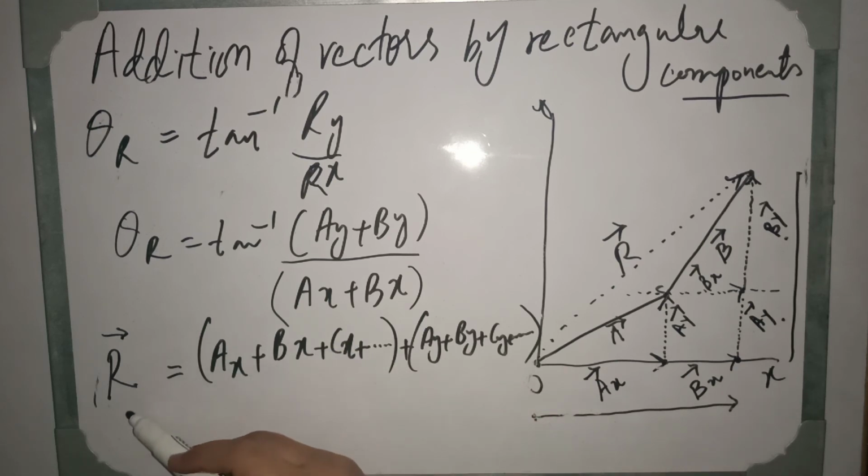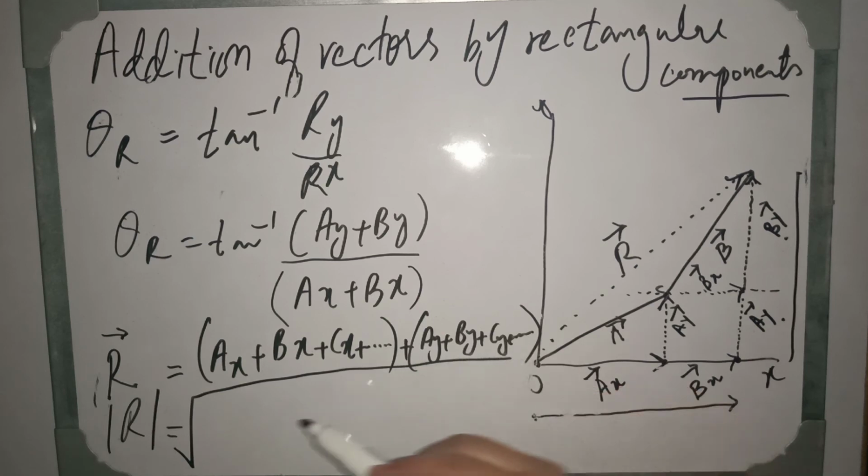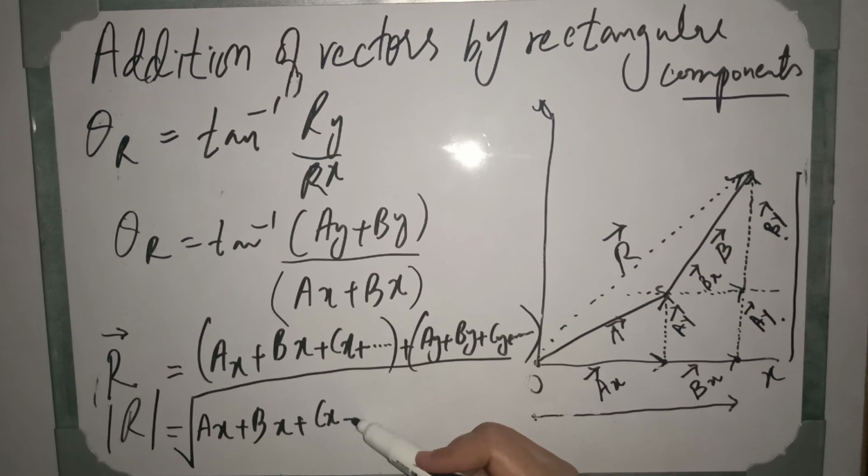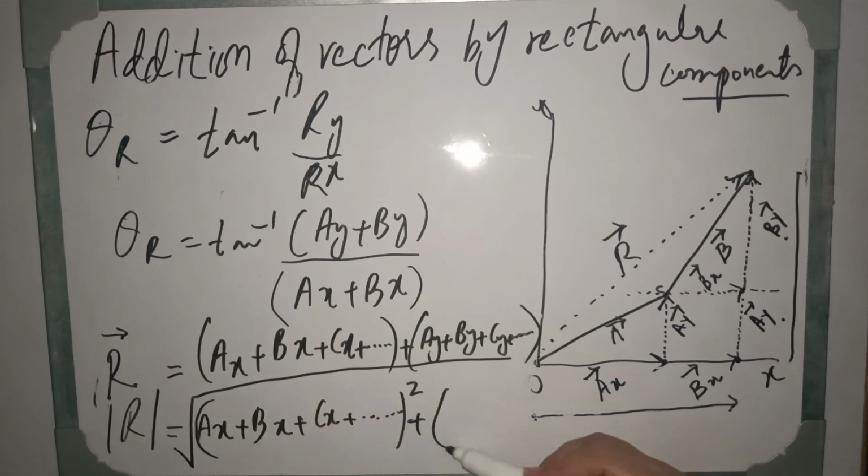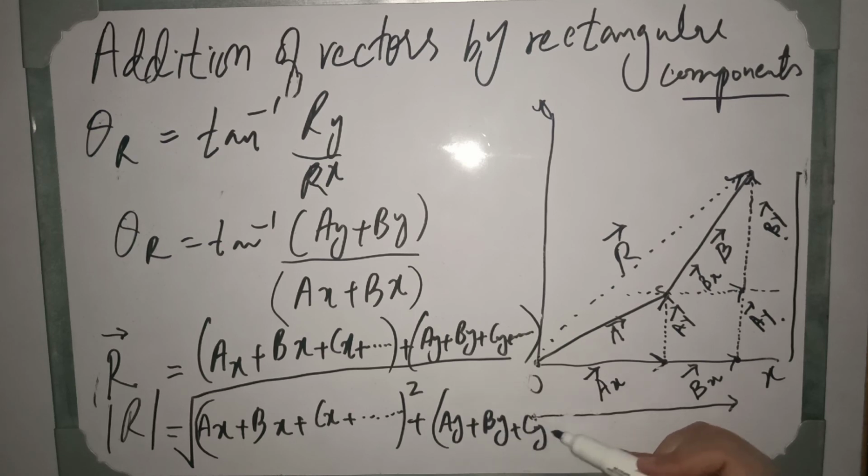And to find out the magnitude of r, again we will use the same strategy: we will take the under root of all the x components, ax plus bx plus cx plus up to so on whole square, plus the square of all the y components like ay plus by plus cy plus up to so on whole square.